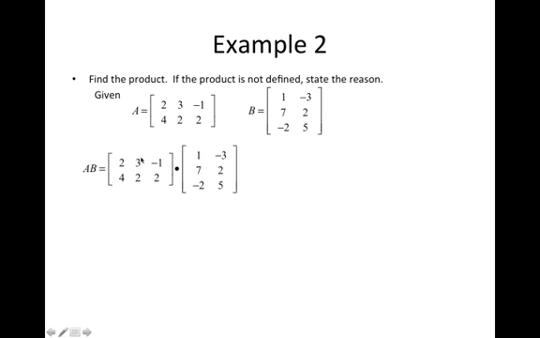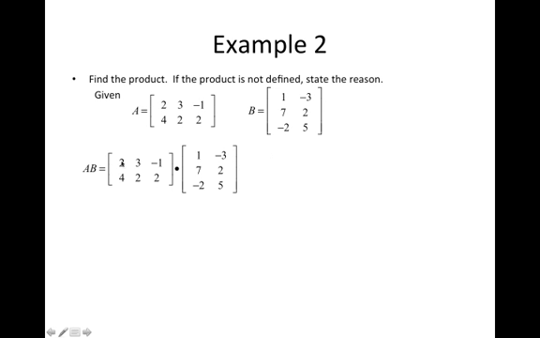Okay, so A times B is this 2, 3, negative 1, 4, 2, 2 times 1, negative 3, 7, 2, negative 2, 5. So we're going to be multiplying the rows, just like it's rows by columns for the dimensions. That's how we do the multiplication. We're going to be multiplying the first row of A times the first column of B, and that's going to give us our first row, first column element of the product matrix.